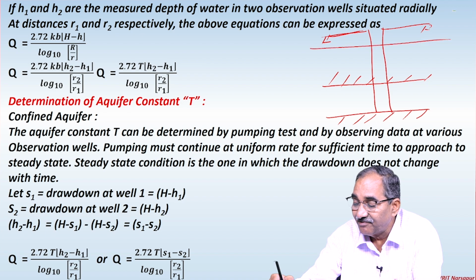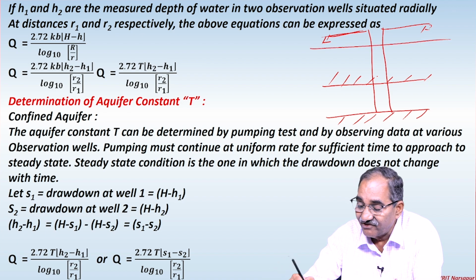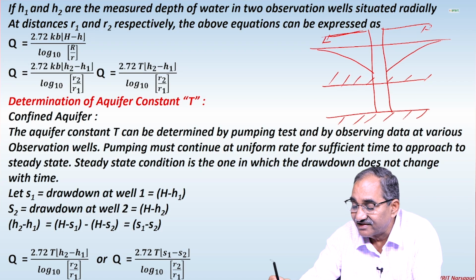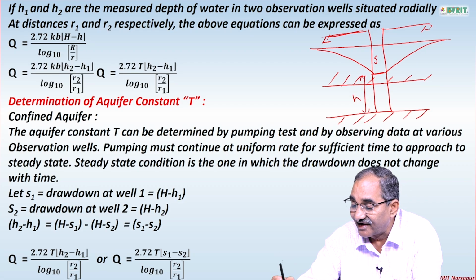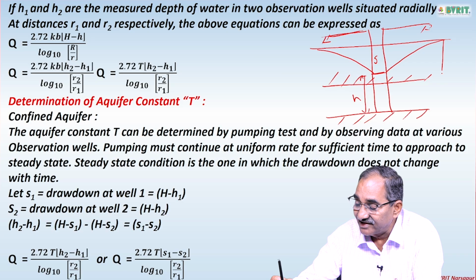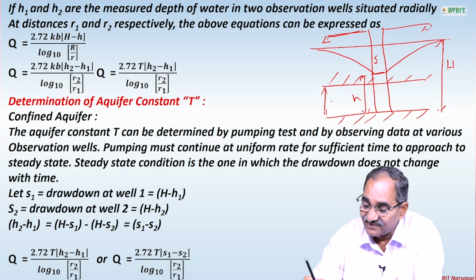This is the piezometric surface. Now if I do it, this is the cone of depression. So now what I can say, this level is small h and this is s, am I right? And this is capital H and this is B, right?